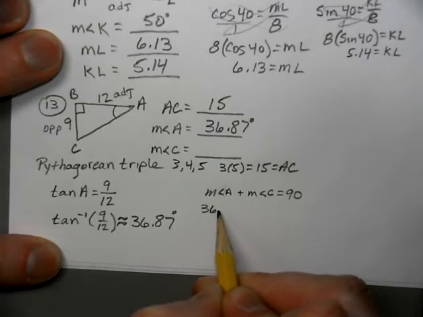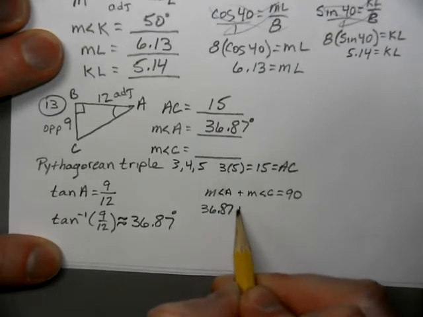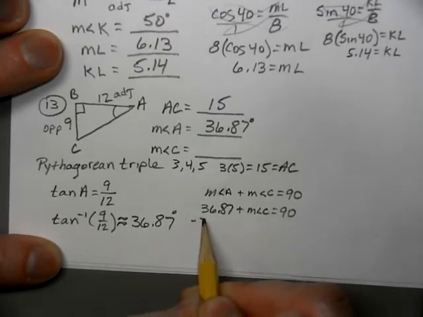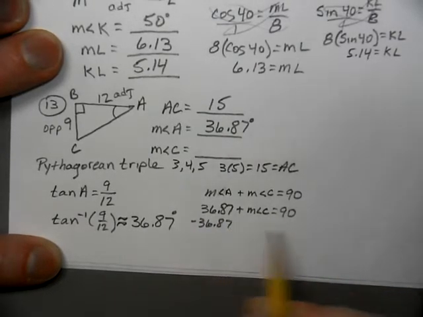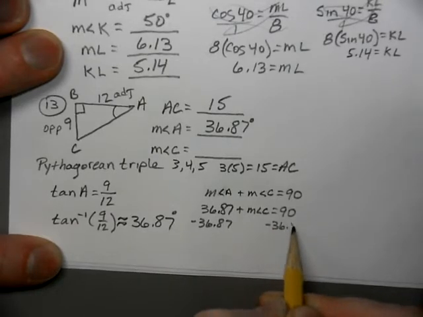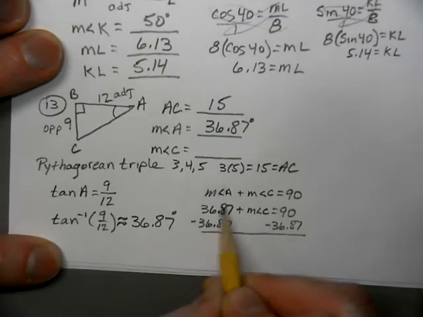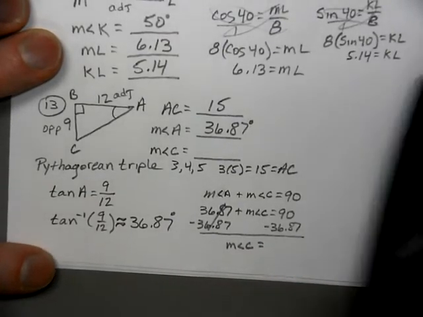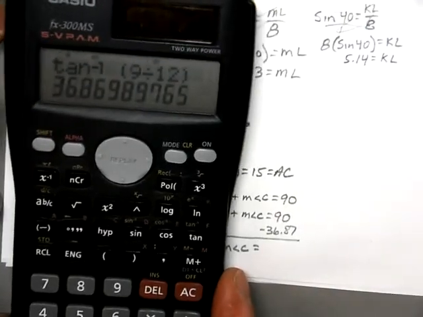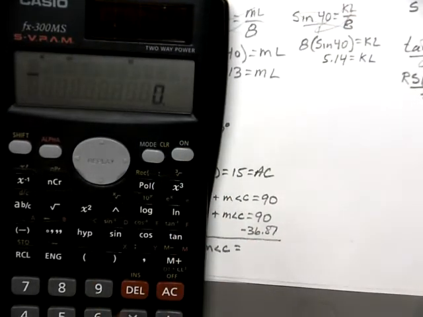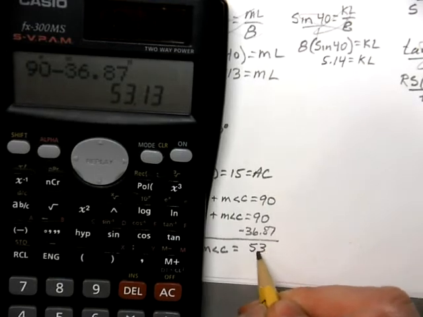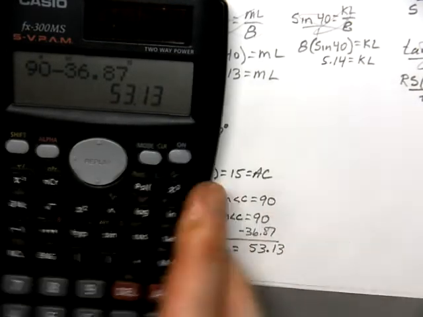So if A is 36.87, I know that I'm going to subtract, so the measurement of angle C is going to be 90 minus 36.87. Gives me 53.13.